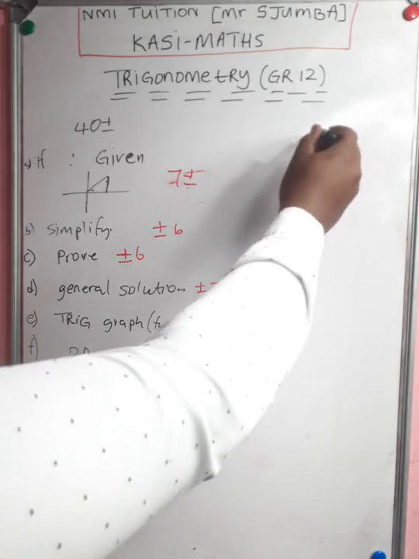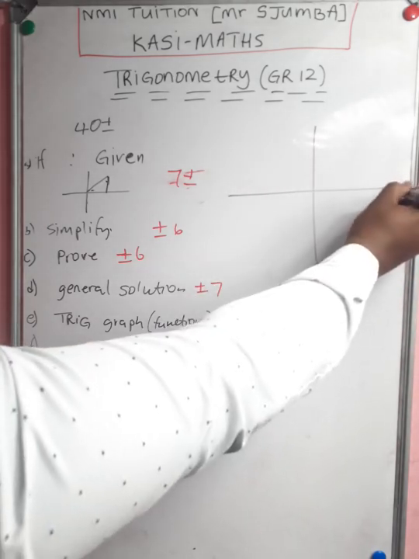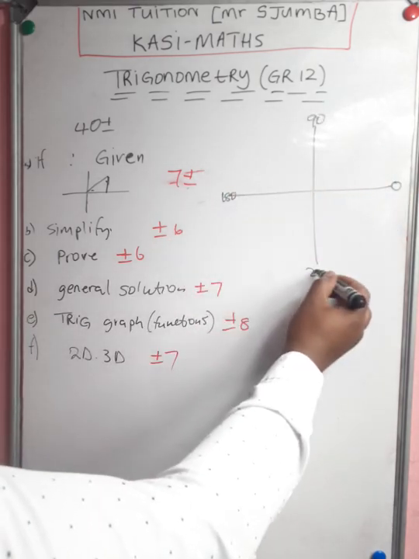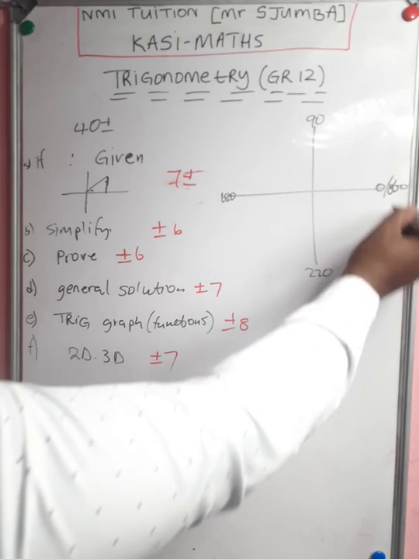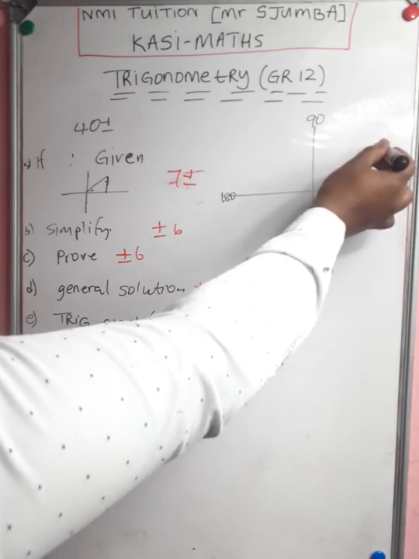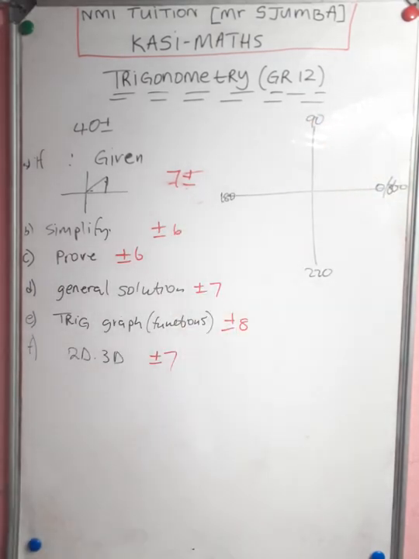The important things you must know: the diagram. The diagram has 0, 90, 180, 270, and 0, 360. Because you go anti-clockwise, it's 0, 45, 90, 91, 92, 93, and so on.